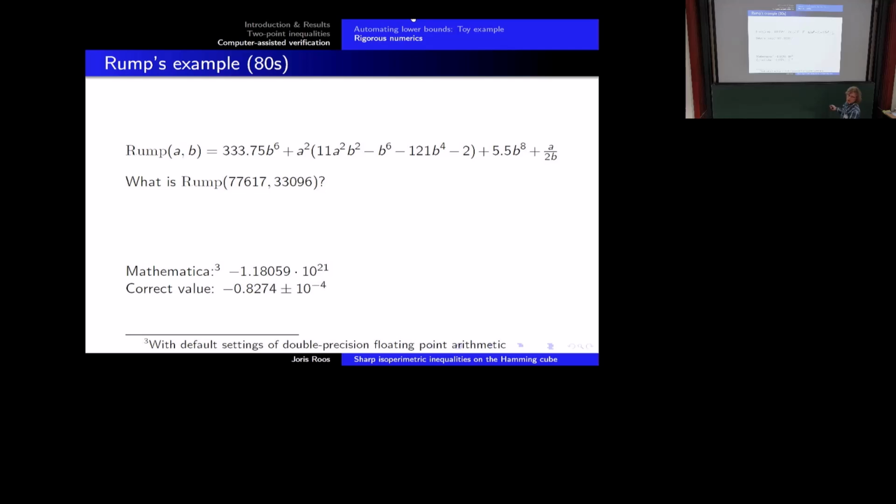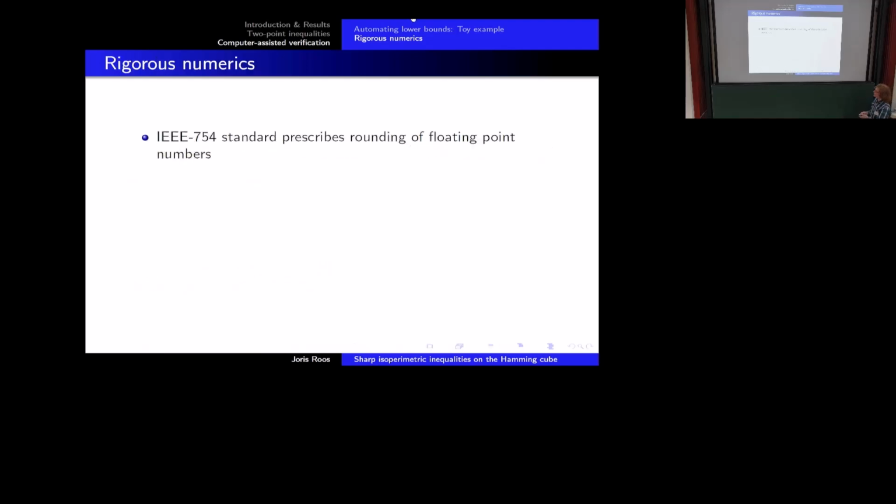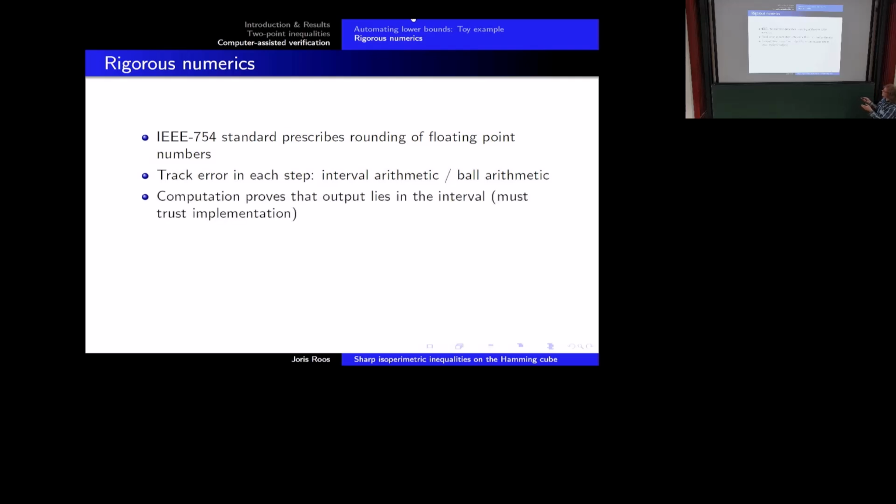Okay, but this can be fixed by not computing with single floating point numbers, but instead computing with intervals. And keeping in mind the rounding rules of IEEE 754, you can automatically track the error in each step by using interval arithmetic.